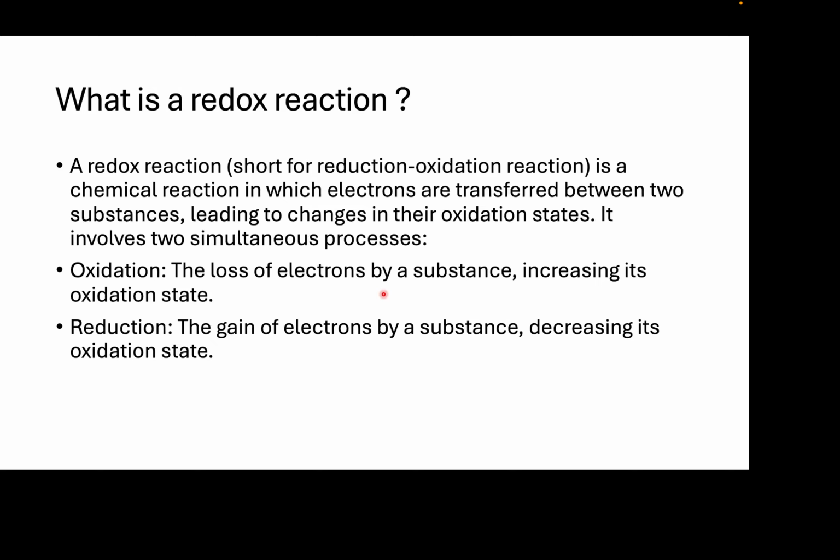Oxidation means the loss of electrons by a substance, increasing its oxidation state. Okay, so oxidation means loss of electrons. Reduction is the gain of electrons by a substance, decreasing its oxidation state. Okay, so loss of electrons means oxidation, and gain of electrons means reduction.